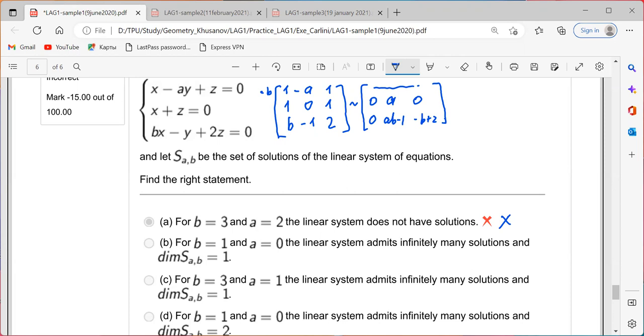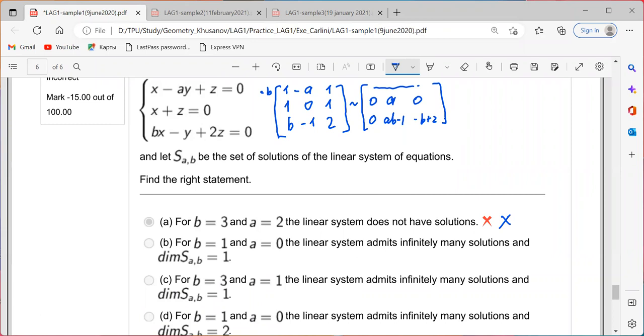So it means that in this situation, we will have just two leading elements. Only 2 rows will be linearly independent. The second row will be 0.